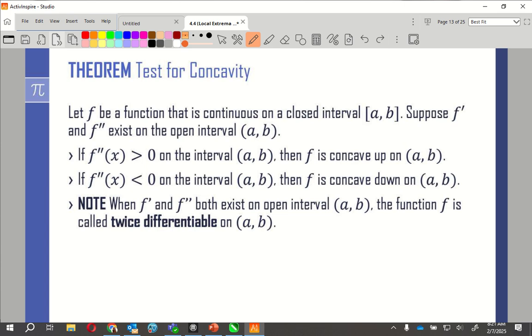So if I find the derivative, I get a critical point, and then I take the second derivative at that point. If it's positive, it's concave up. If it's negative, it's concave down. So we use our first derivative to get our critical points. And how do I do that?